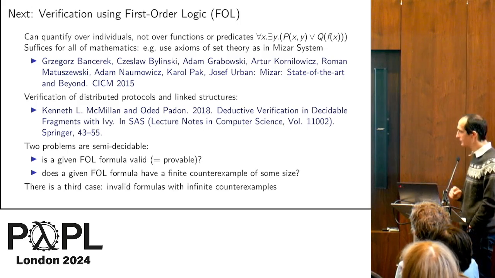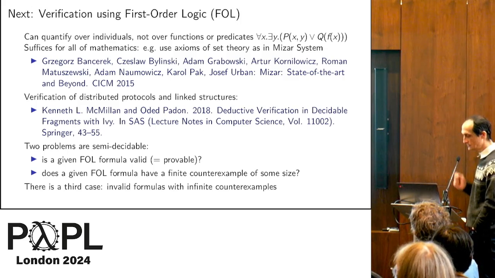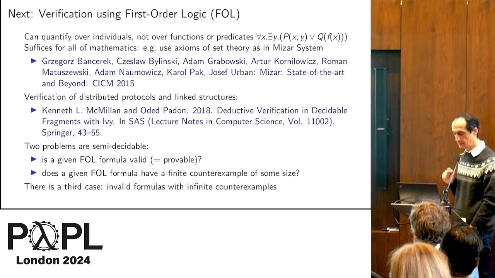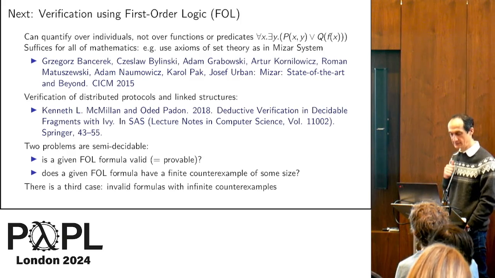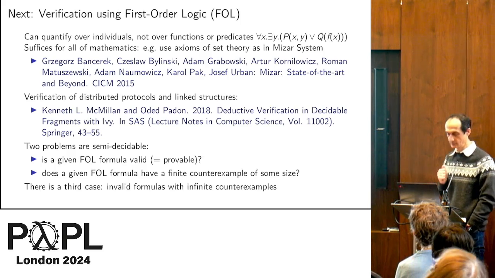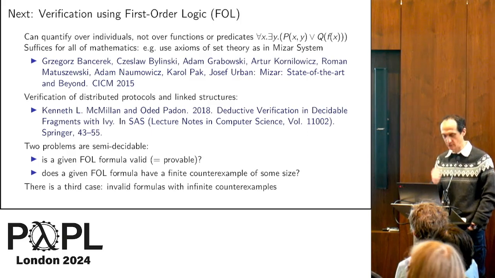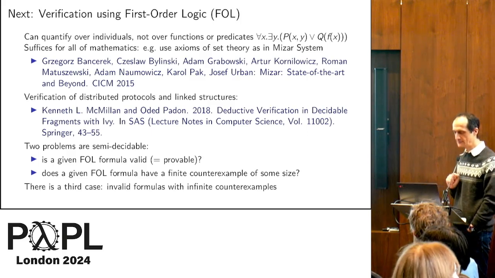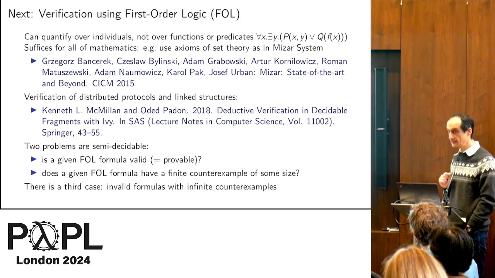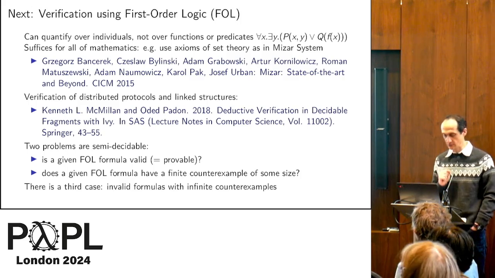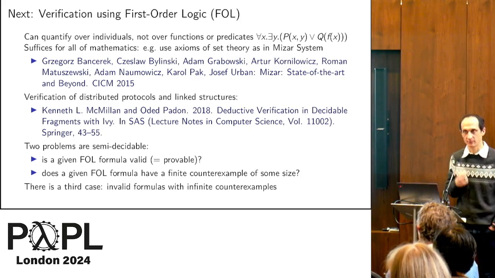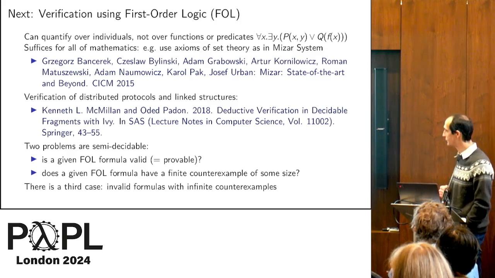And we know for a long time that for first-order logic, two problems are semi-decidable, which is, given a first-order logic formula, is it valid, which is equivalent to it being provable. First-order logic is very nice in that respect, unlike some other ones. And the other problem is, given a first-order logic formula, does it have a finite counterexample, an example where the formula is false?